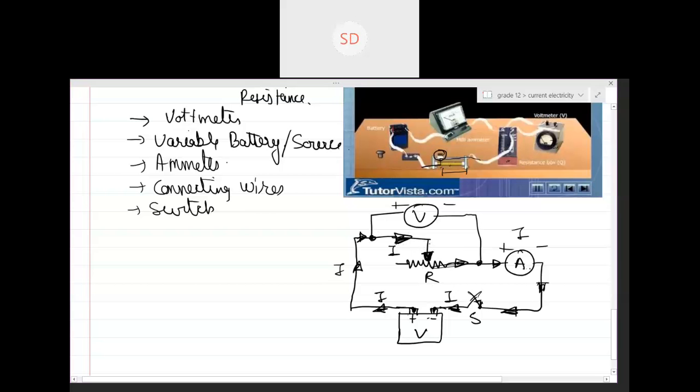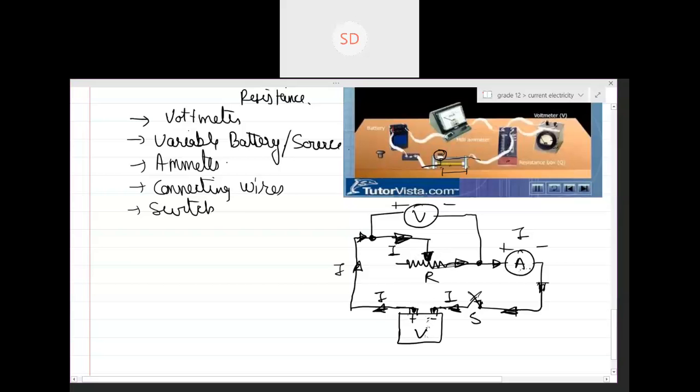Okay. So once we have fixed the value of resistance, what do we do? We keep on increasing the voltage, so we measure. This thing also increases. When this thing increases, can you see all of the potential of the battery will be across the resistor? Because there is only one element in the circuit, right? So all of the voltage produced by the battery will be across the resistance.